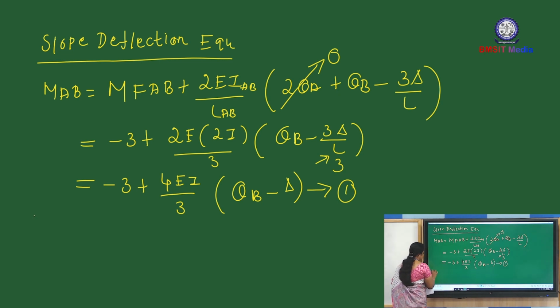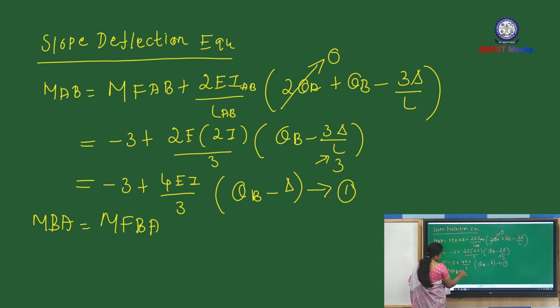So similarly we have to form the MBA equation. We have to write the slope deflection equation at the joint B, that is the end moment at B of the member BA. Same formula as M of AB, here M of BA.